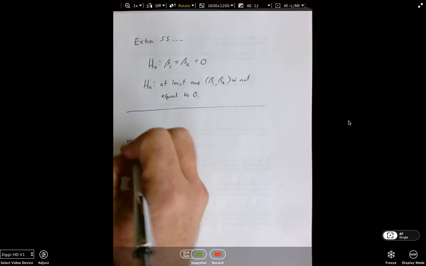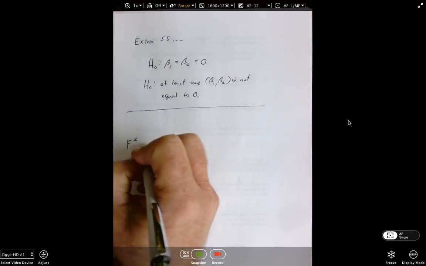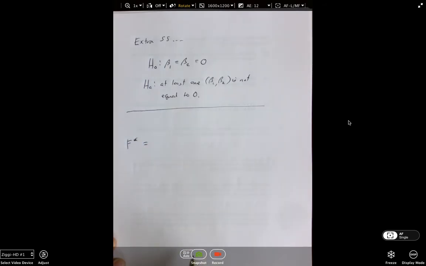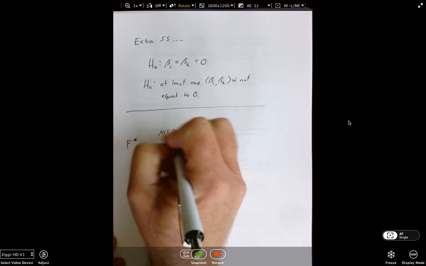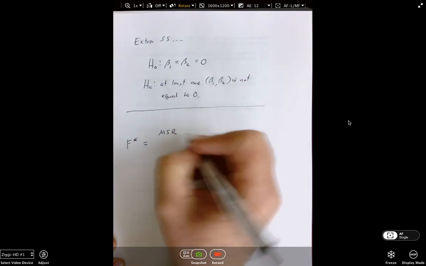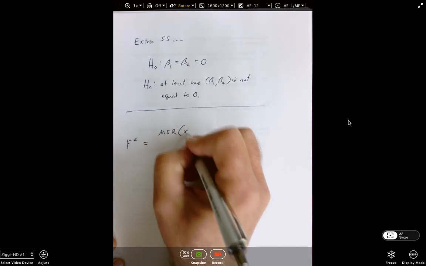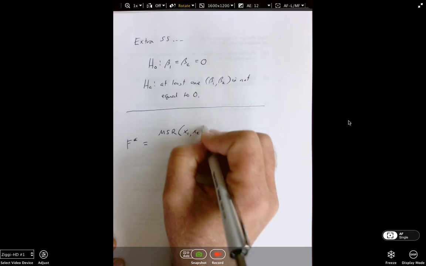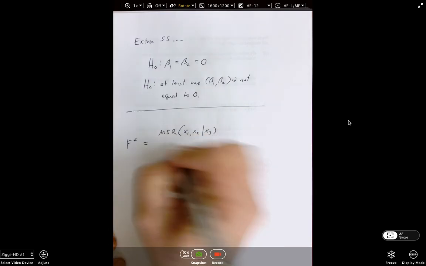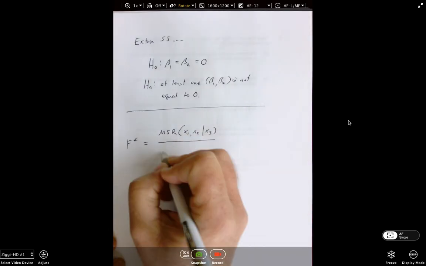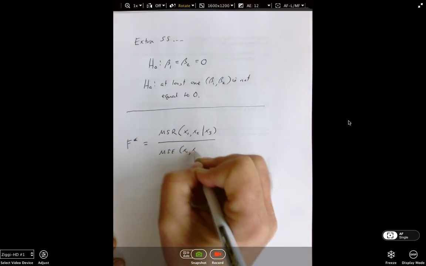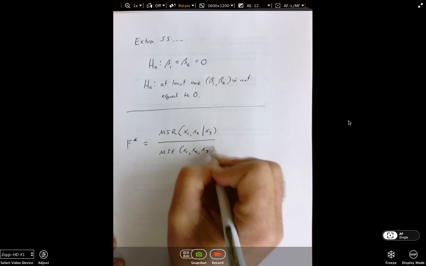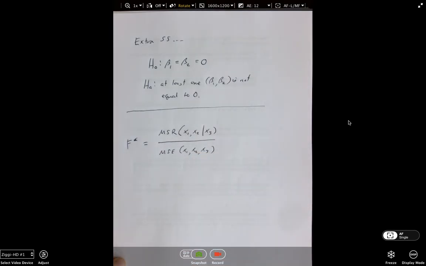Now, something you should know, and I think if you've been really paying attention to the videos, which I hope you have, is that the mean square regression will look at x1, x2, and x3 in the model. And of course our mean square error term is the full effect.